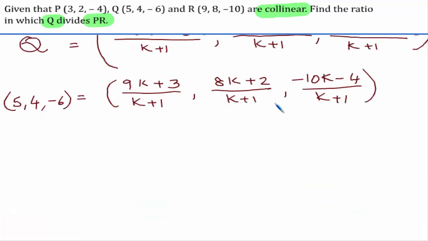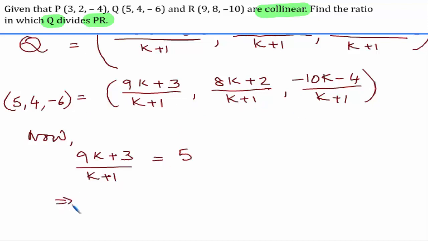That means these two ordered pairs are the same, so you can equate any one of the coordinates. Now, (9K + 3) by (K + 1) is equal to 5. You can even equate the y coordinates or z coordinates also. On simplifying this, we get 9K + 3 is equal to 5K + 5.